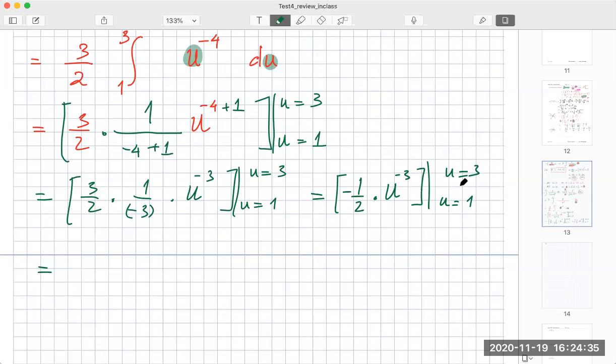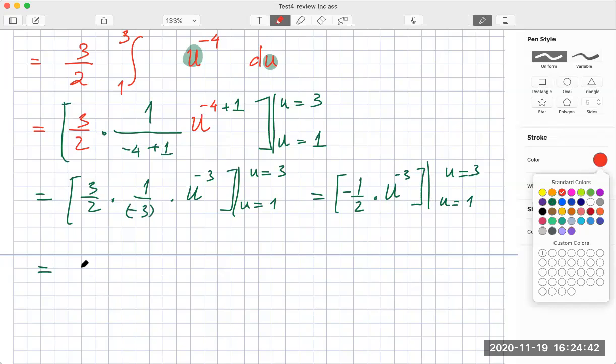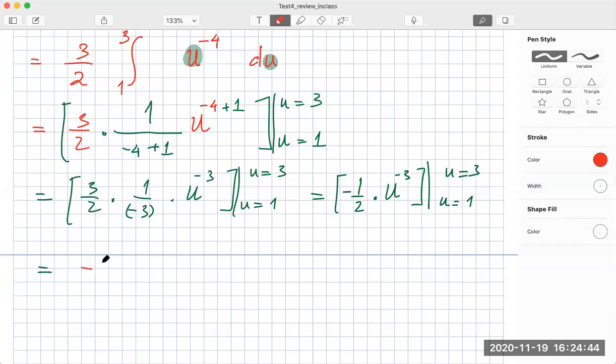Yes. Very good. Then can you help me with this, Gary? Sure. So it would just be -1/2 times 3 to the -3rd minus 1/2. Well, it would be plus 1/2. Yeah, now let us write it this way. Minus 1/2, right?